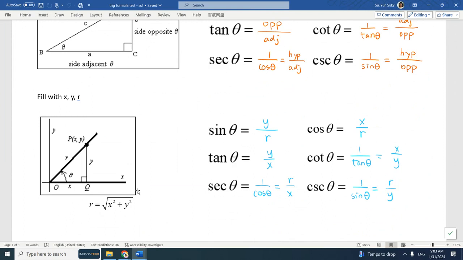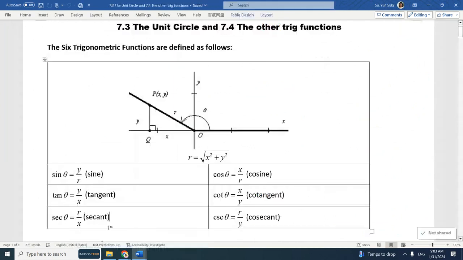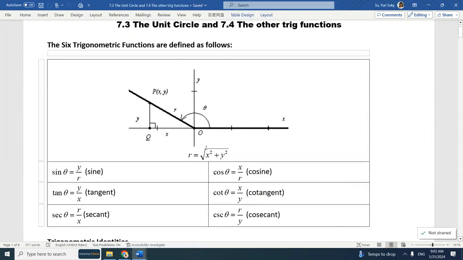You can pick up the worksheets from last time. Let's look at this. Sine is opposite over hypotenuse, opposite of the angle. If you're not familiar with this picture, feel free to draw a picture in the first quadrant, because there x and y are positive, so it's easier to see.